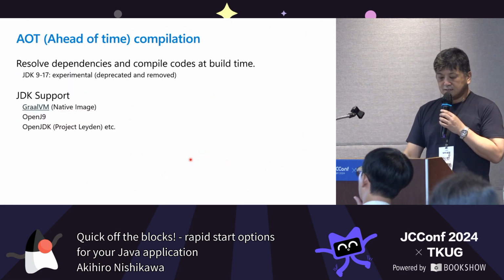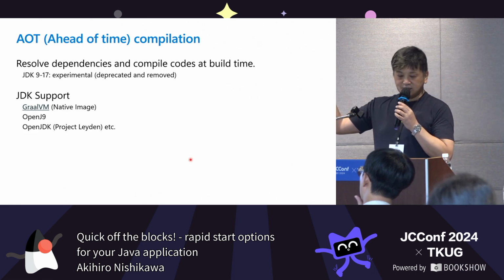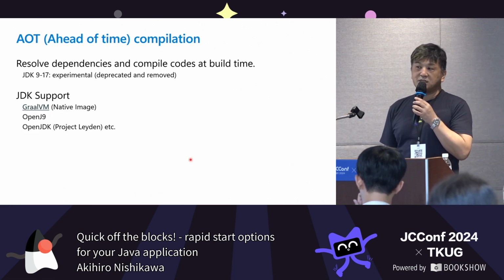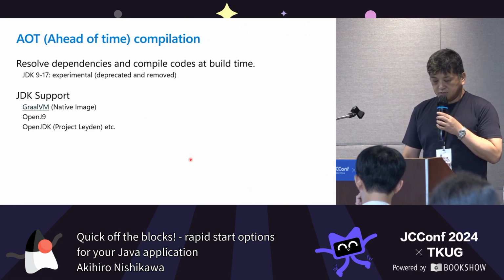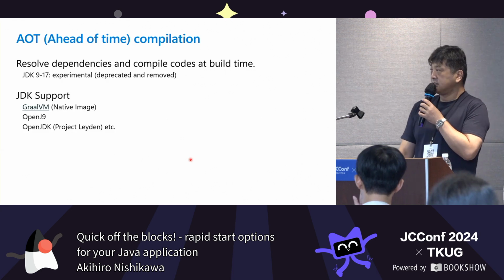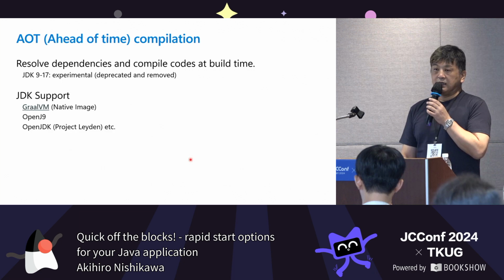In this case, ahead-of-time compilation comes on the stage, like GraalVM native image, or OpenJ9, or the OpenJDK project Leyden, which also has ahead-of-time compilation.